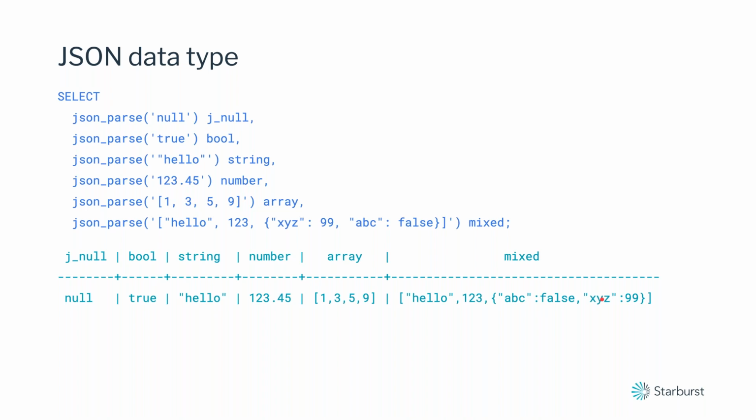So if we parse two different maps with the keys in different order, but they actually have the same contents, then that's how you end up with the same JSON data type and how they'll compare the same. And all of the JSON functions in Presto take the JSON data type, although if you pass a string, it'll be implicitly parsed into JSON.